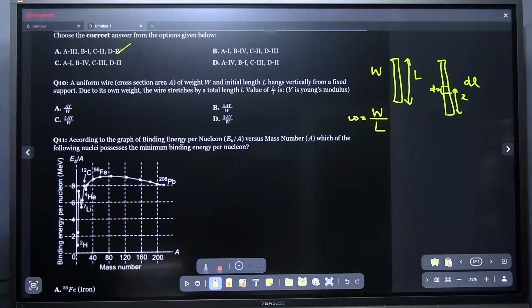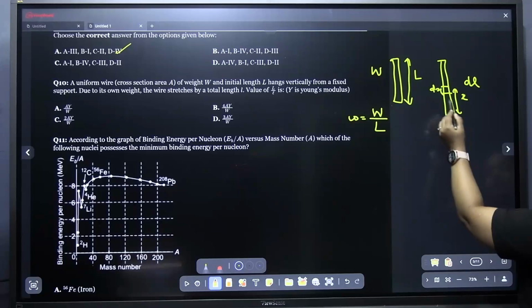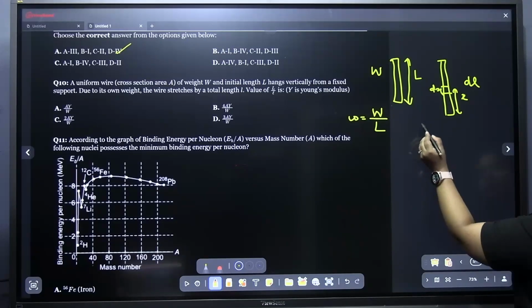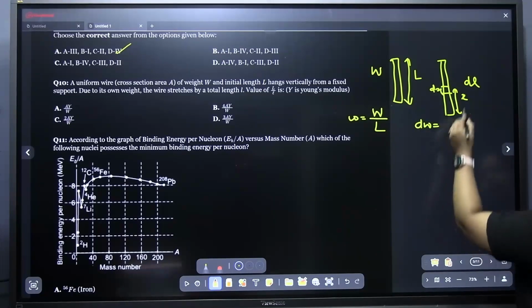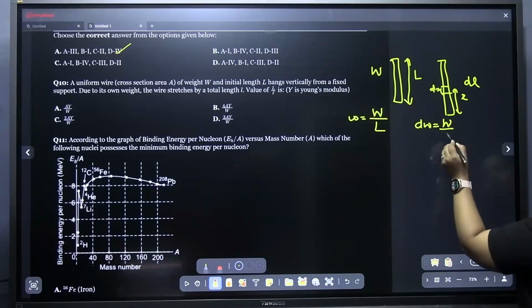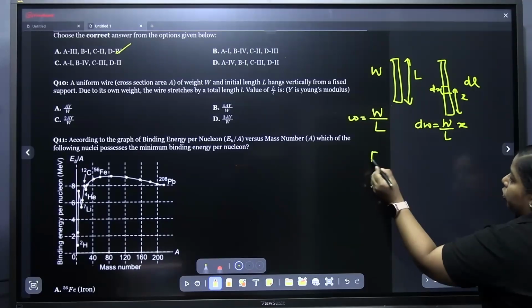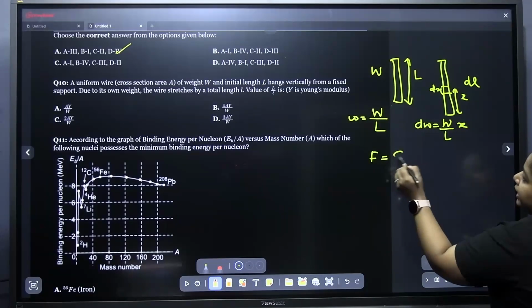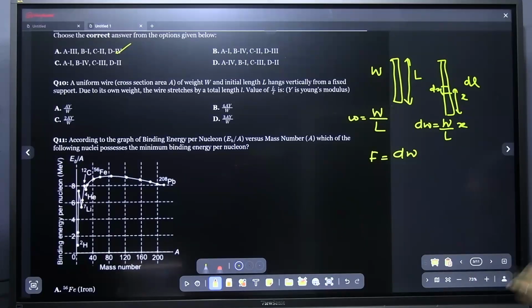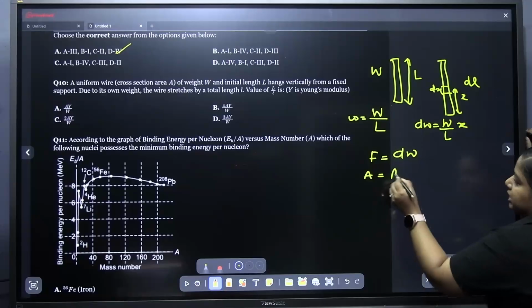What is the weight of this part? That weight dW will be equal to W by L into x. This is the weight which is making dx stretch. Here force is equal to dW, the weight of that extra part. Area, there is no change, A.